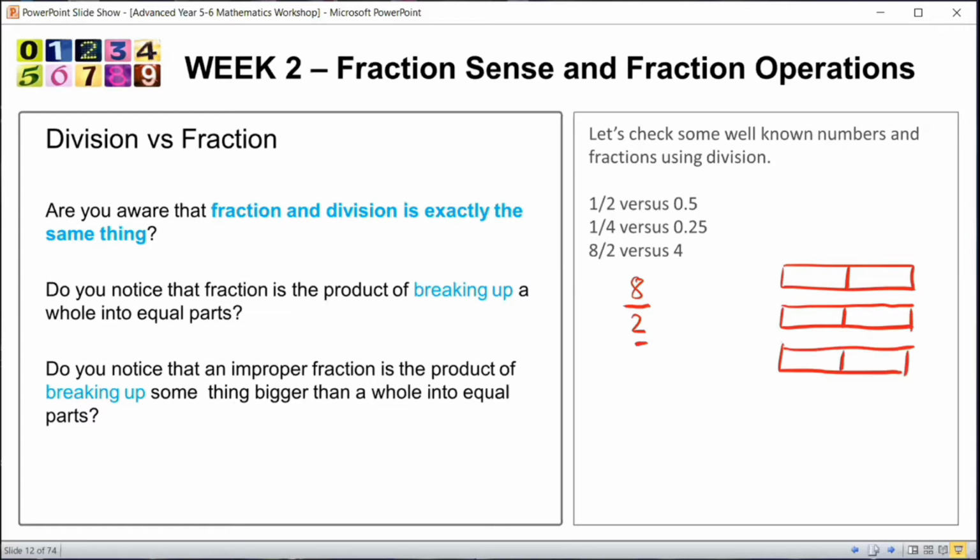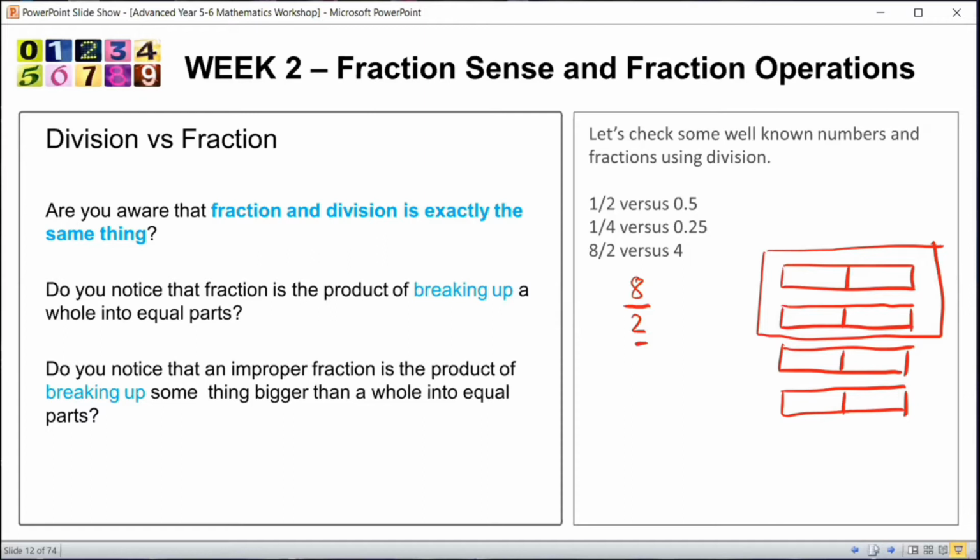Now you've got 6 parts, and finally you've got 8 parts. So 1, 2, 3, 4, 5, 6, 7, 8 parts. Now 8 parts, but you divide by 2, so you take half of it, the top half.